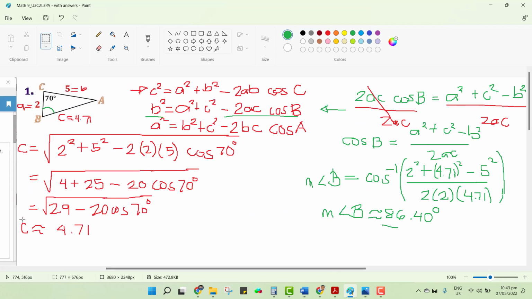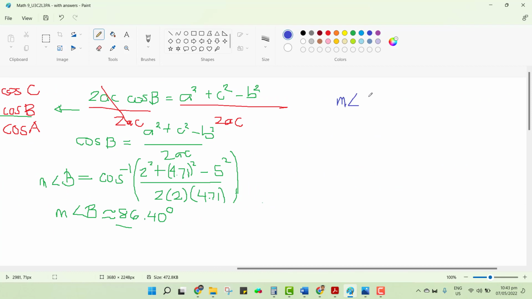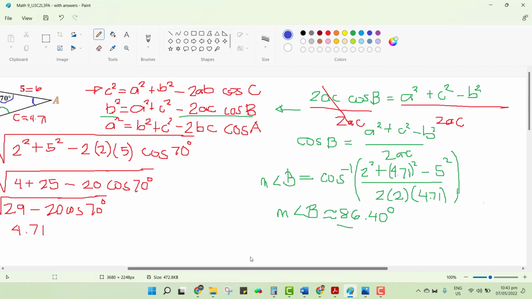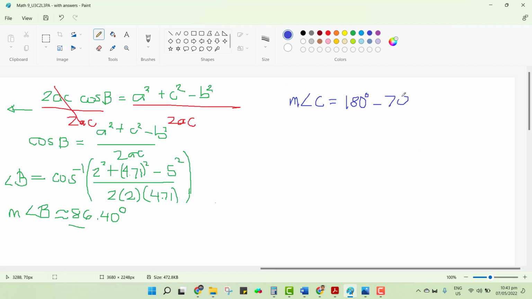So we have solved already the third side and the second angle. For the remaining angle, which is angle C, we just need to apply the triangle angle sum theorem, which tells us that the sum of the interior angles of a triangle is 180 degrees. So the measurement of angle C is equal to 180 degrees less the given angle A, which measures 70 degrees, and the solved value for angle B, which is 86.40 degrees.